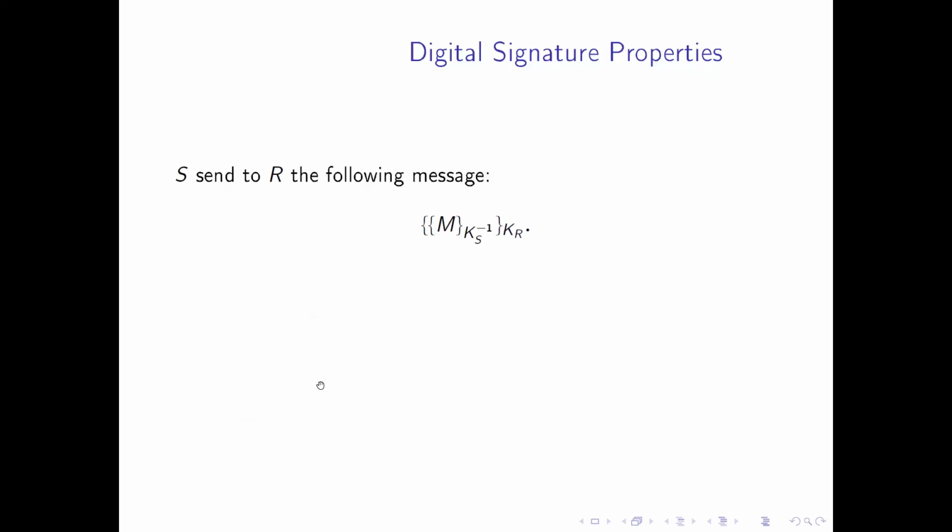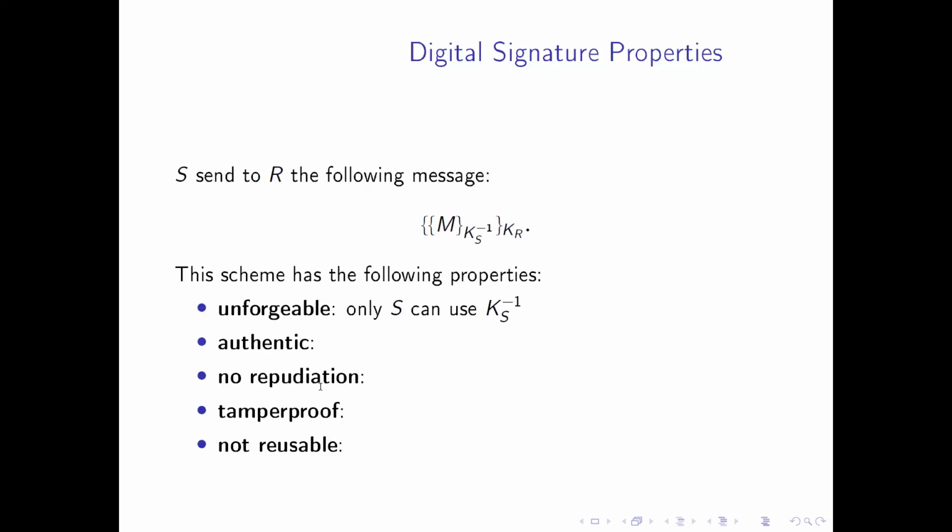It's unforgeable because only S can use KS inverse, because remember, that's my secret key. It's authentic because any third party can take the message, once I unlock through the outside, if I'm R, and run that M through the KS function, any third party can apply that and check the M that comes out of that.